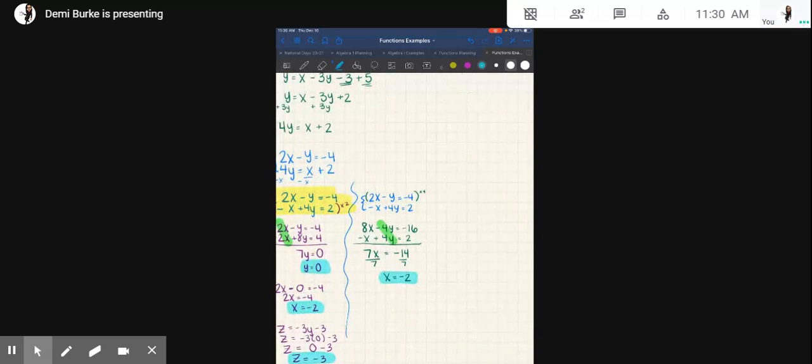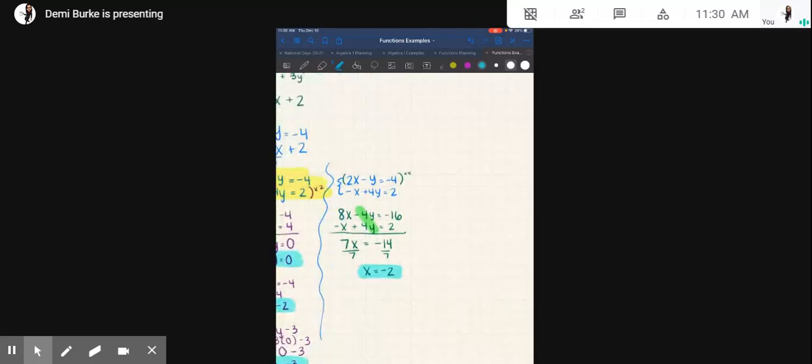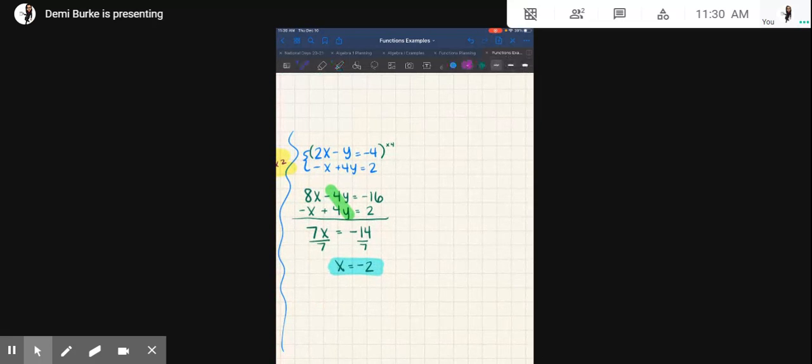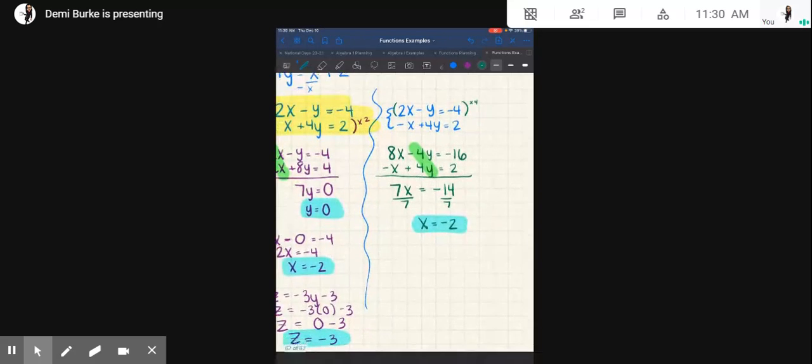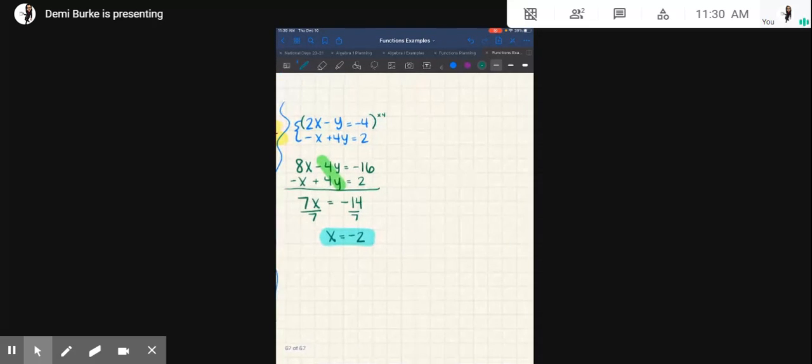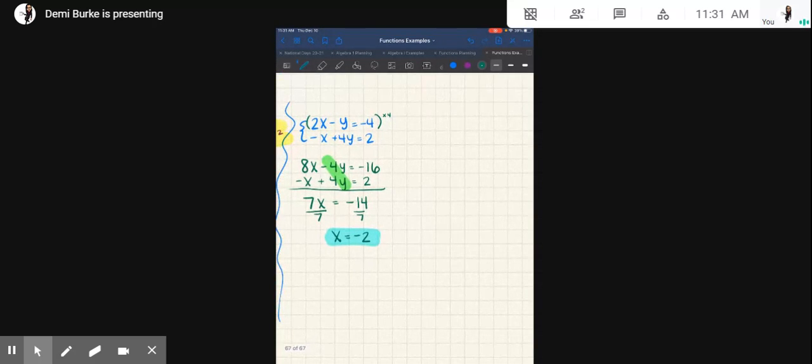That side is done. However, let's say you took path B and you chose to work this way. We'll use the green side over here. We'll keep going in green. Should you have chosen this, I know that x is equal to negative 2, so I can plug that in. I could have done 2 times negative 2 minus y equals negative 4. 2 times negative 2 is negative 4, minus y equals negative 4.